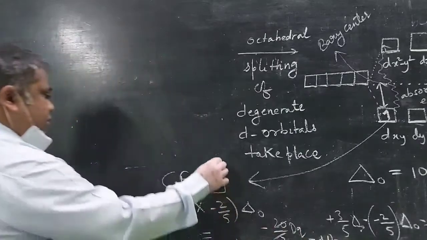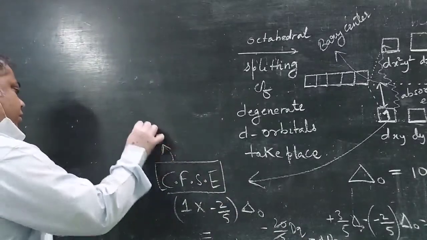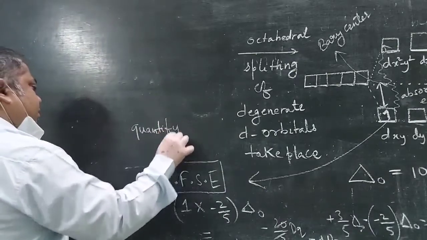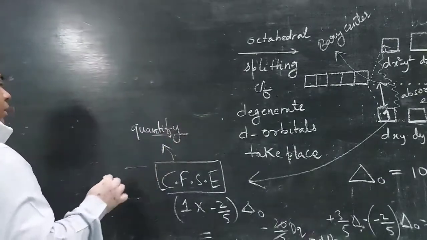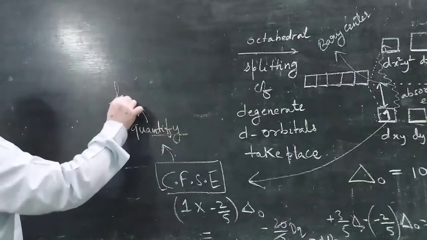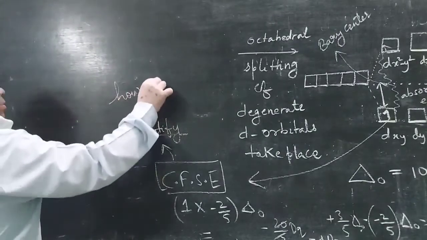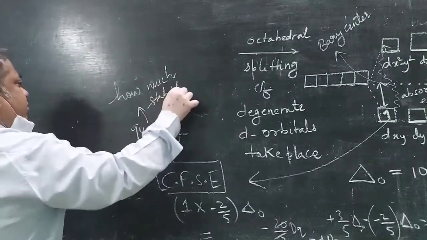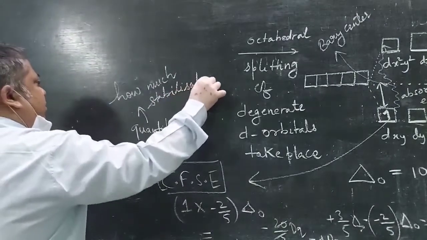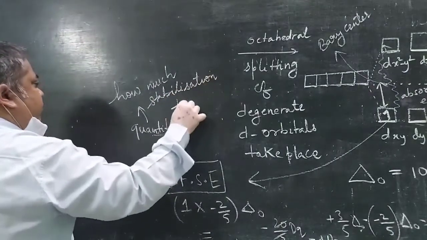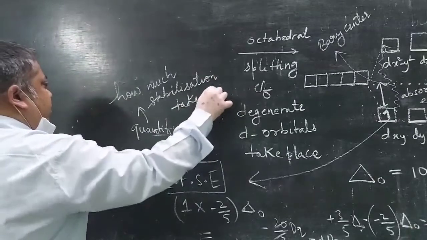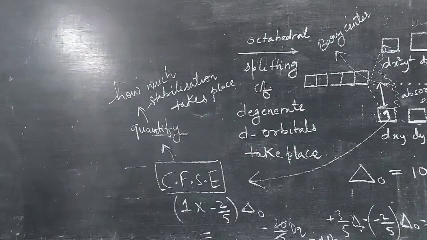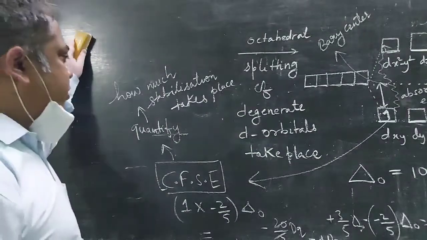In this way we can quantify how much stabilization takes place, which otherwise is not possible by valence bond theory.